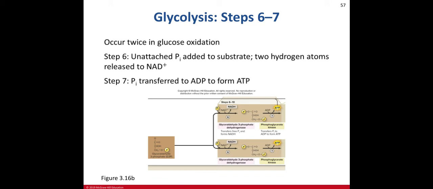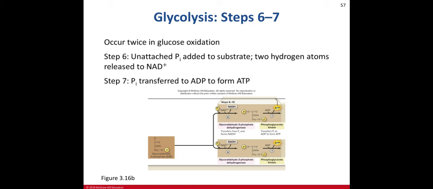Okay, the next step is going to have two glucose oxidation reactions. You're going to take this unattached phosphorus and two hydrogen atoms, and those are going to be released to the NAD. The phosphorus is going to be moved to ADP and make ATP.